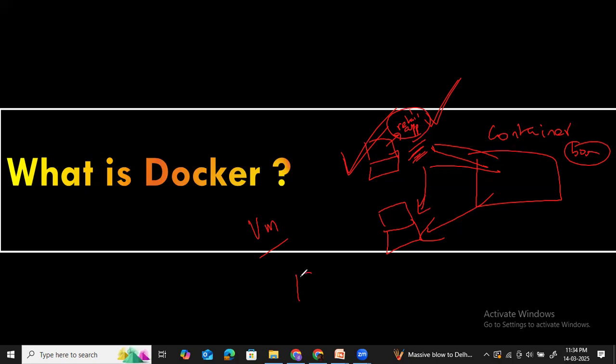Let's say you create three containers. All the three containers share your host operating system kernel. Each container does not require a separate operating system. That's the reason why Docker is lightweight. We call that lightweight.